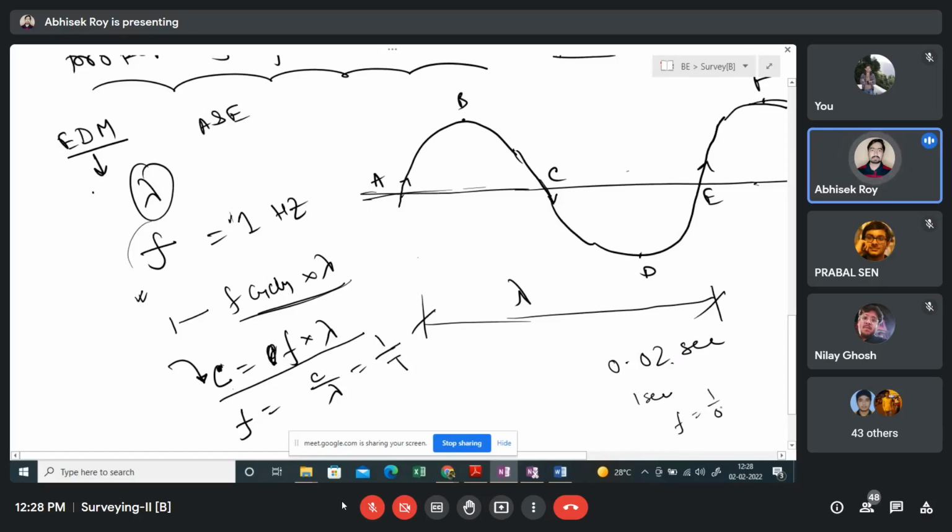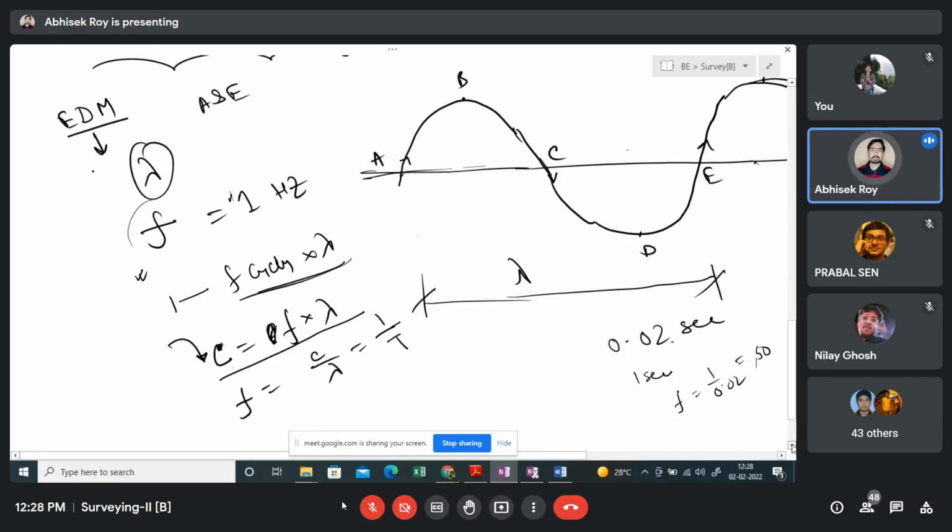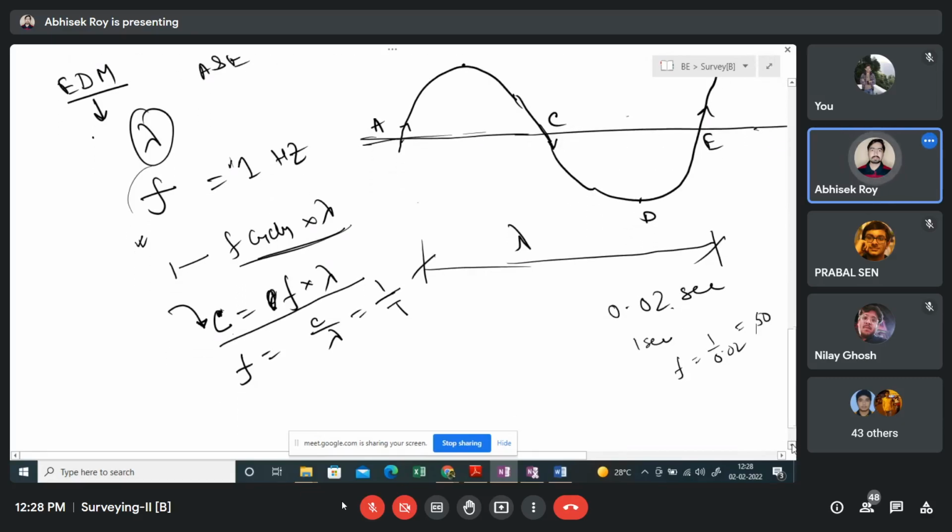It will be 1 by 0.02, which is 50. So its frequency will be 50 hertz. If you know the time period, you can calculate the frequency. We know these basic relations, right?